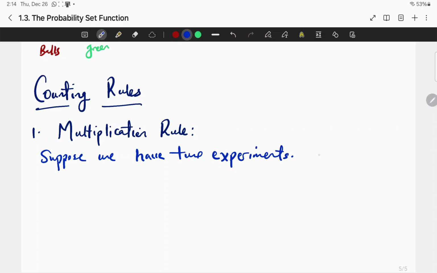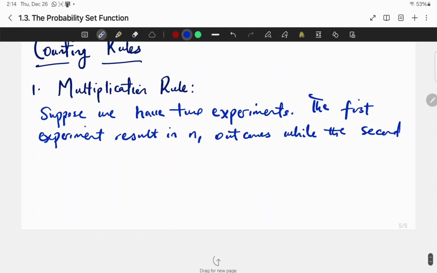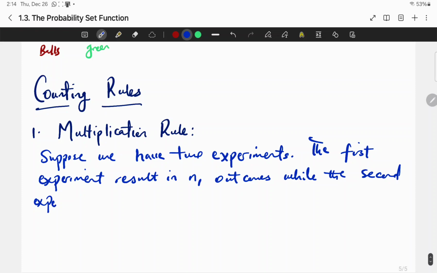The first experiment results in n1 outcomes, while the second experiment results in n2 outcomes.